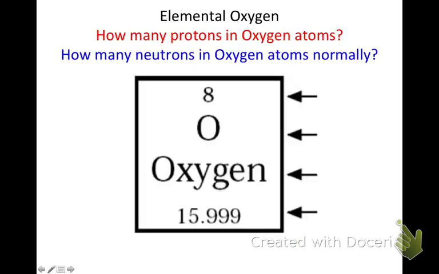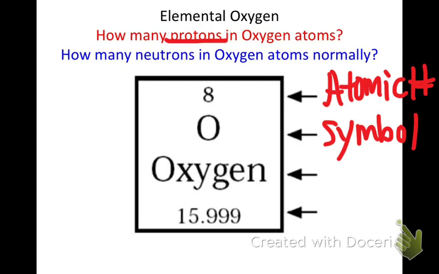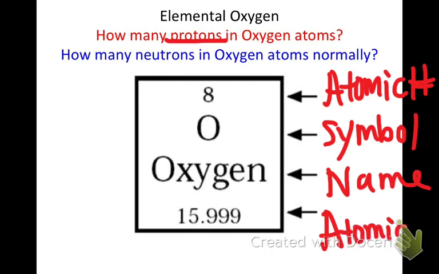So, any time that you look at an element on the periodic table, know that 8, that's your atomic number. Remember, atomic number means your protons. Usually it means your electrons too. Remember, this is your symbol, like the initial. Oxygen is the name. And then this guy is your atomic mass, your protons plus your neutrons.